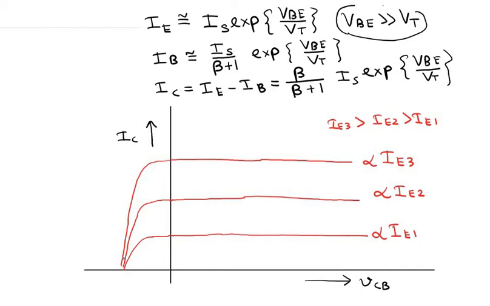Okay, so this is the common base characteristics, basically how the collector current varies with the collector to base voltage.